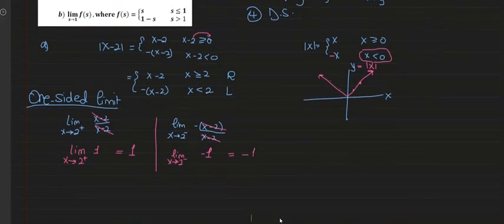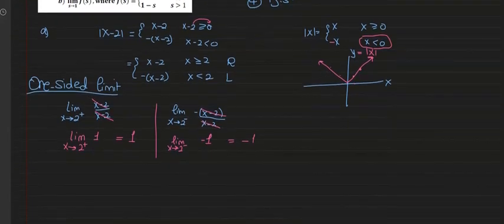Finally, what we do is test whether the two sides were approaching the same value, or whether we have a jump, like the scenario we saw geometrically or graphically. Here we will say that since the limit of f of x as x approaches 2 from the right was unequal to the limit as x approaches 2 from the left, one was 1 and the other was negative 1, they are unequal.